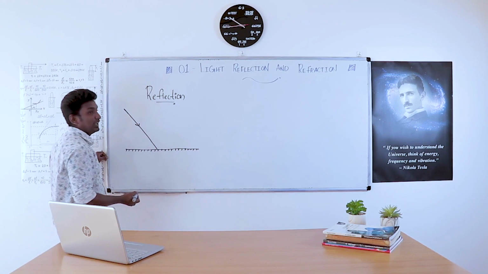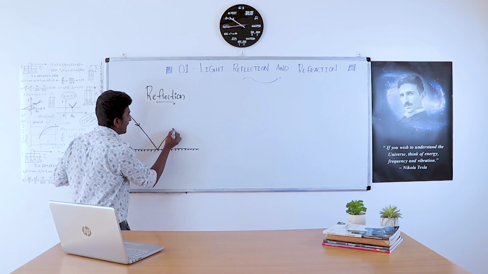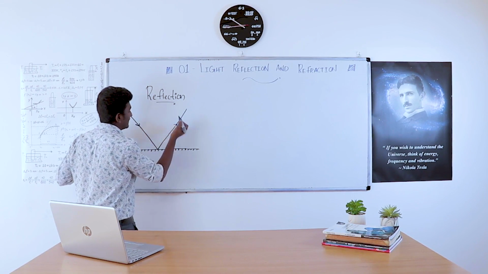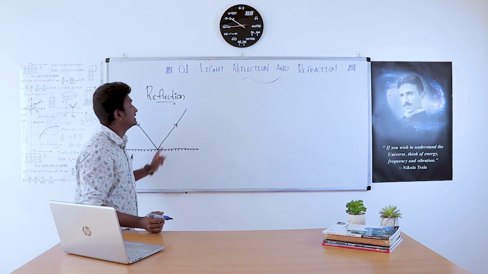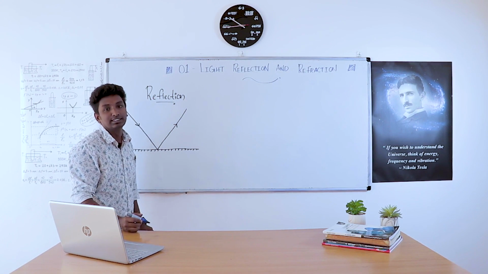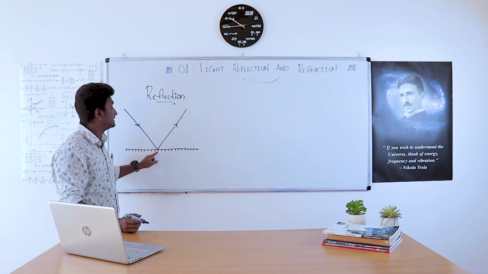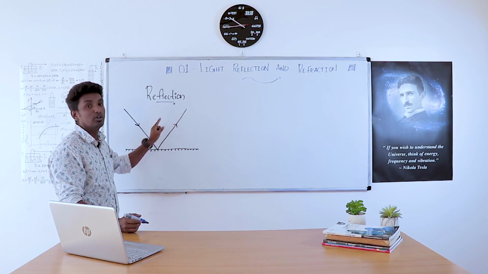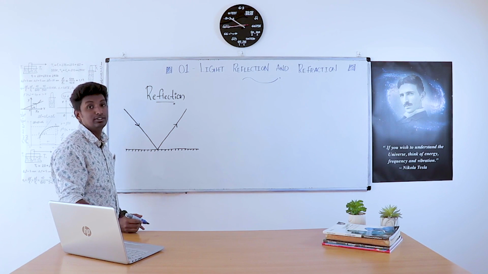When this ray of light is incident on a smooth surface, it bounces back. This phenomenon is known as reflection of light.